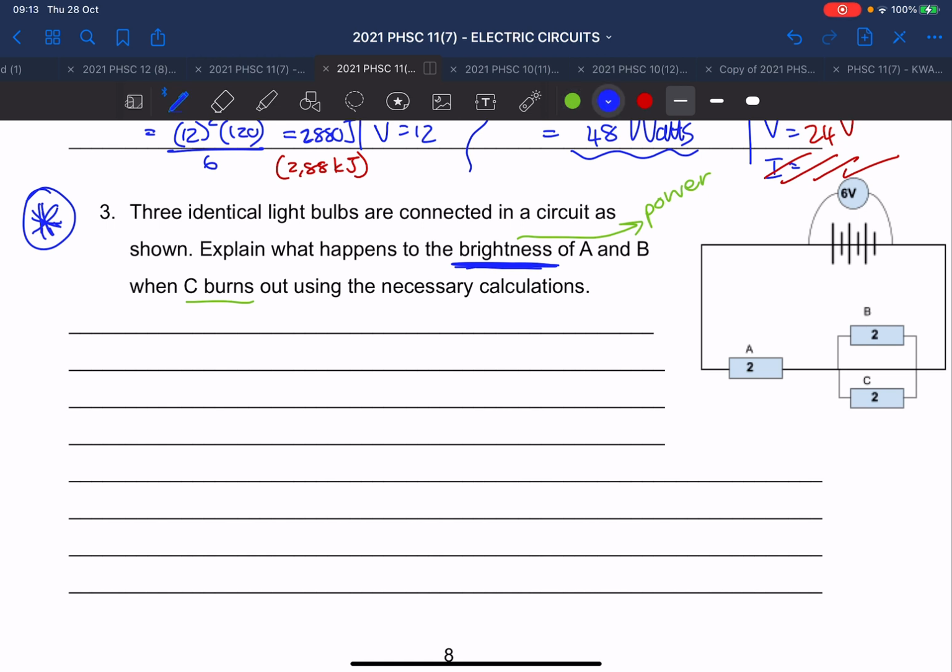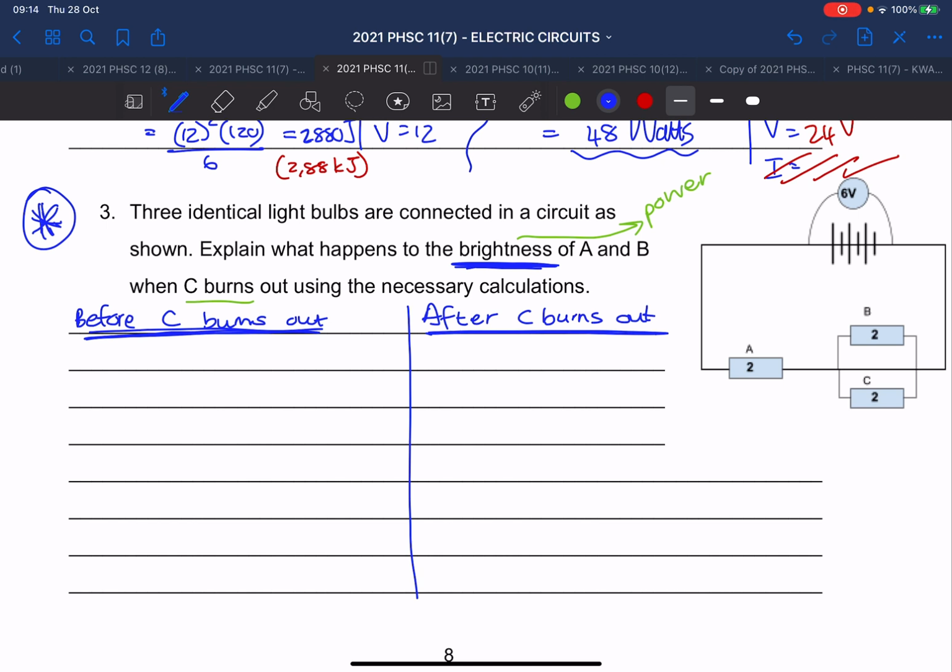So it means we must do calculations before C burns out and after C burns out. Those are the two things, and then we must compare. In a multiple choice question, they'll just say just before, but here they ask what happens to A and B when C burns out. So you must compare before and after.